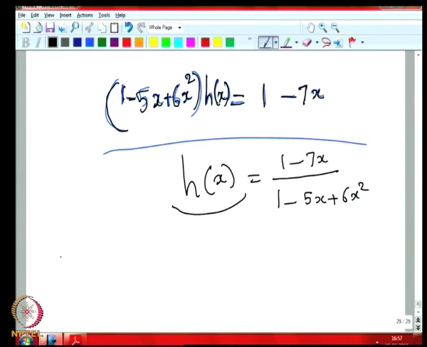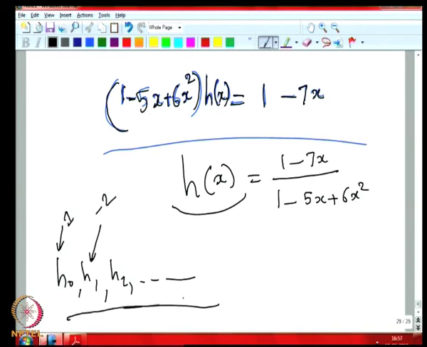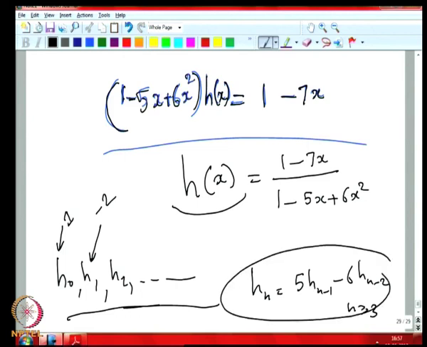See, the sequence was h0, h1, h2 etc., right, and h0 value was 1, h1 was given to be 2, and for the remaining things we just had that recurrence relation, namely hn equal to 5h(n minus 1) minus 6h(n minus 2). This is what we know. From this thing we could derive the closed form for the generating function h of x, right.